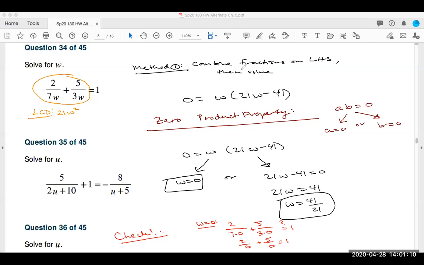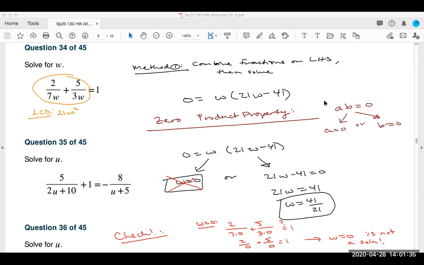And that's a problem because we would have an undefined value. Okay, remember 0 in the denominator is undefined. So W equals 0 is not a solution.